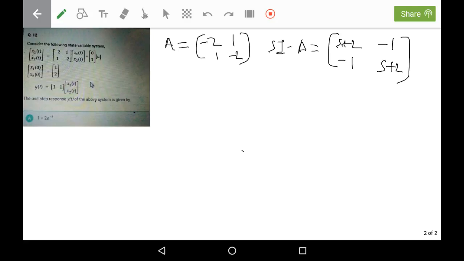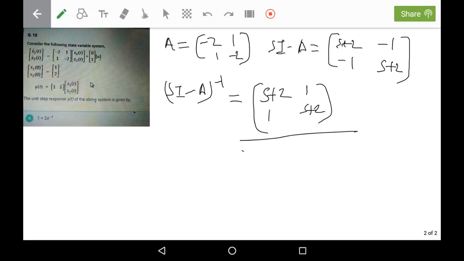Now we will try to find (sI minus A) inverse. Going through some shortcut, it is (s plus 2, 1, 1, s plus 2) divided by s square plus 4s plus 3. So this will be the final (sI minus A) inverse.